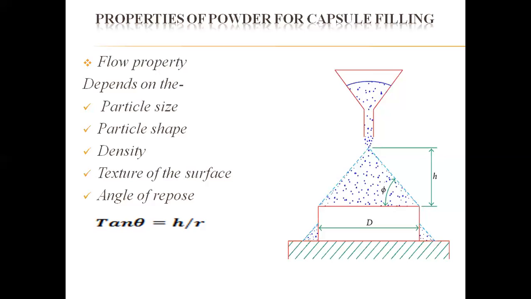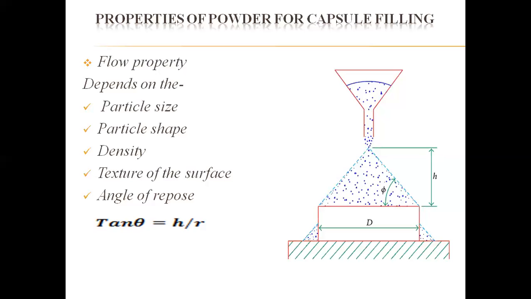The formula is shown as tan theta over here: theta equals tan inverse h by r, where r is the radius of the heap formed and h is the height of the heap.